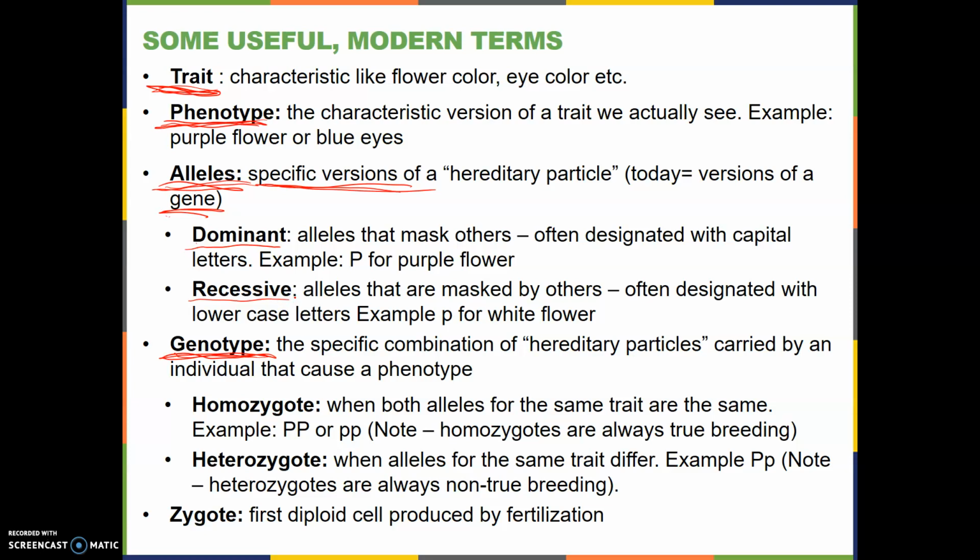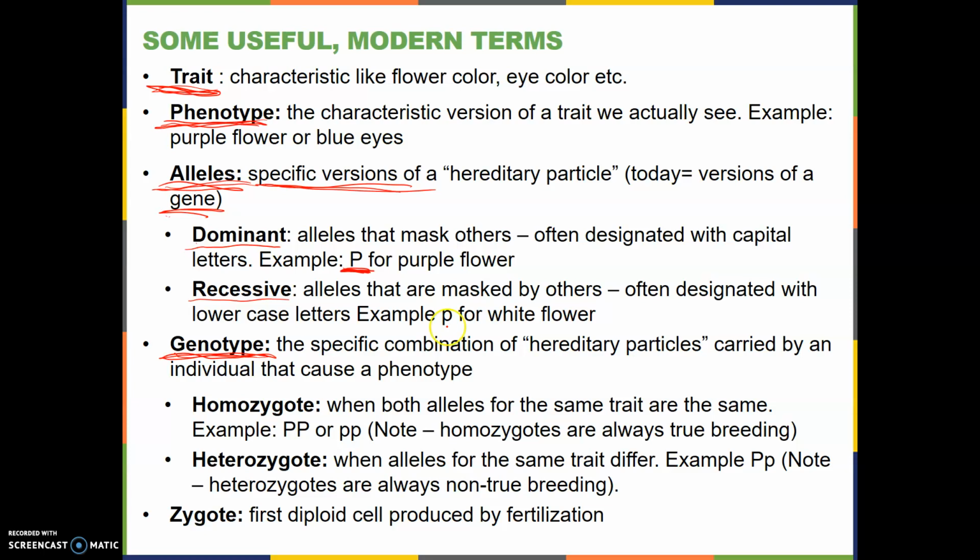Now, when we do genetics problems, the dominant allele is going to be represented by abbreviations. For purple flower color, we're going to use a capital P, because capital letters are dominant traits.